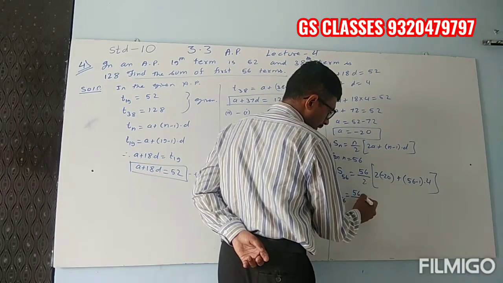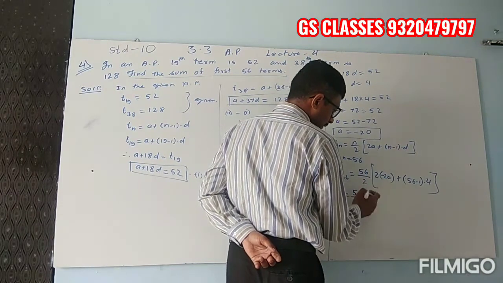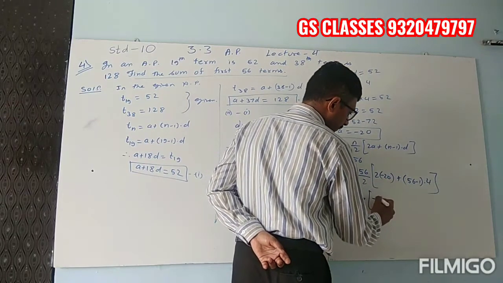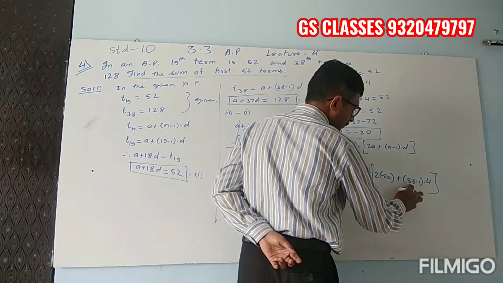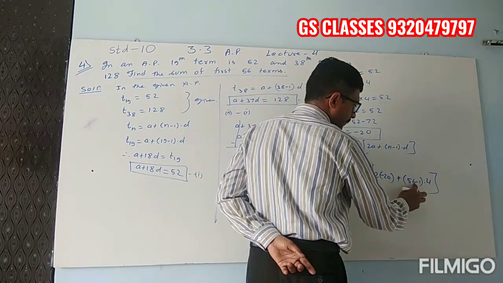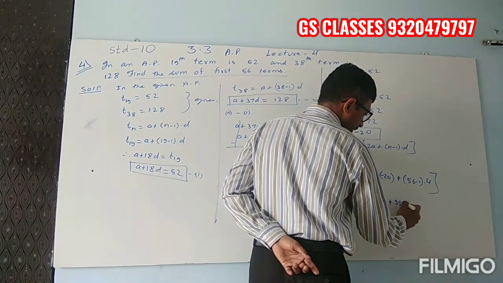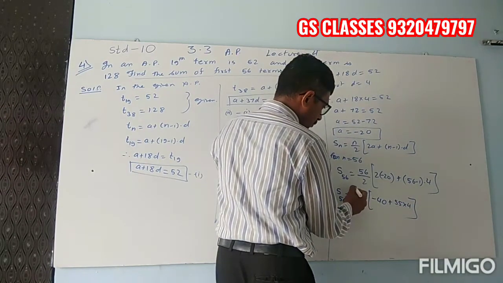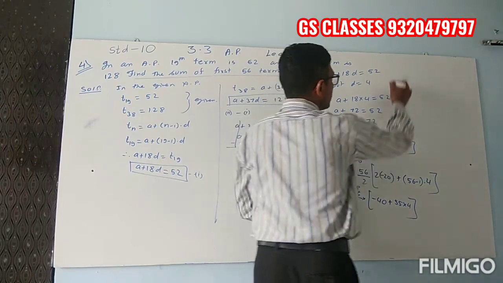Now, as usual, but we will adopt a different technique this time. 2 into minus 20 will become minus 40. 56 minus 1 will be 55, and then 55 into 4. Now 2 2s are 4, 2 8s are 16.